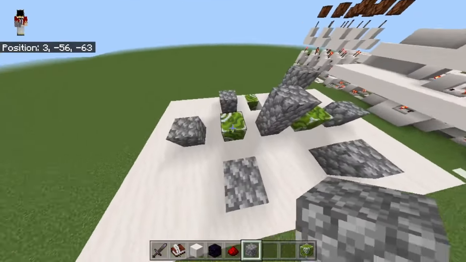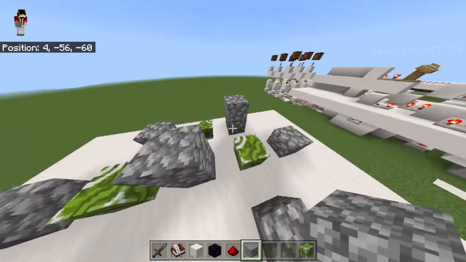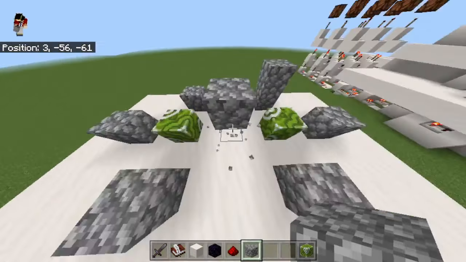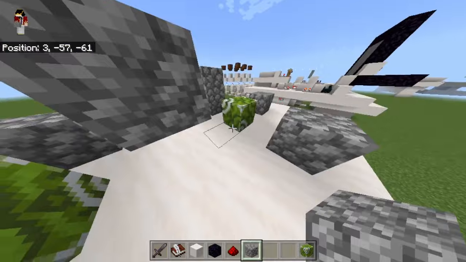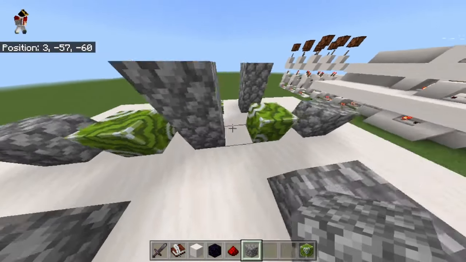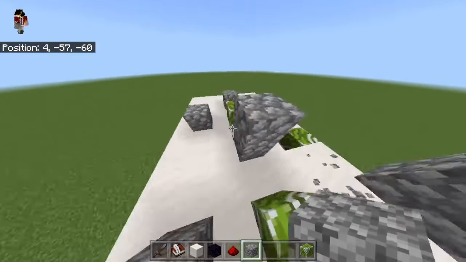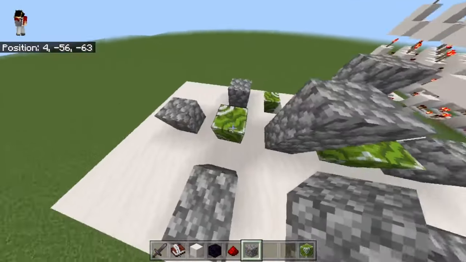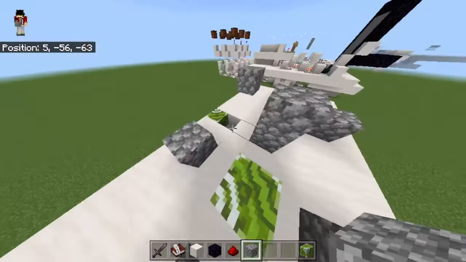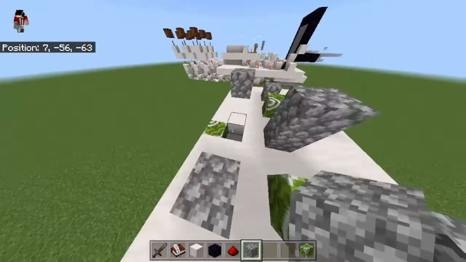However, if I include a second Sculk sensor, when I break, let's say this block, it will tell me this block is 1 block away from me, and this one will tell me this block is 1 block away from me. But when I break this one, this sensor will tell me that it is 1 block away from me, however this Sculk sensor will say this is definitely more than 1 block away from me. It's not 1 block away from me.